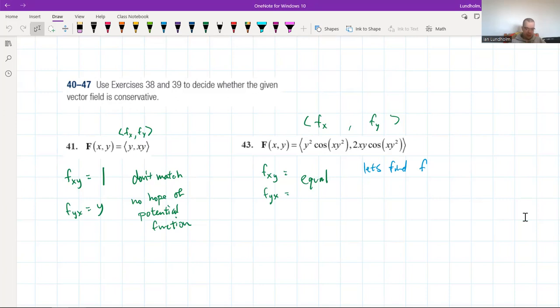What we can do is take the antiderivative of the partial derivative with respect to x, and we're going to want the antiderivative over here to match the antiderivative of the partial derivative with respect to y. Good grief, 2xy cosine xy squared dy.